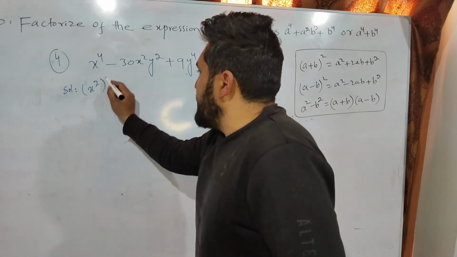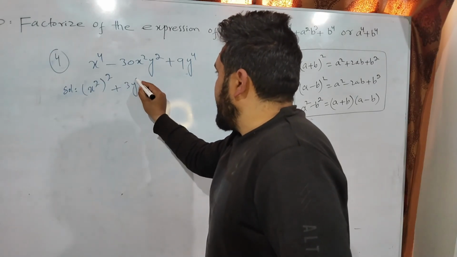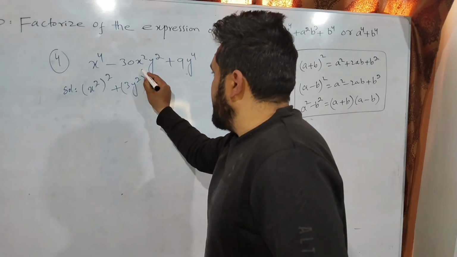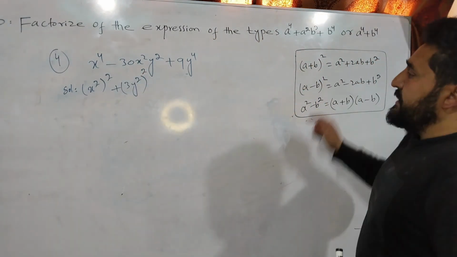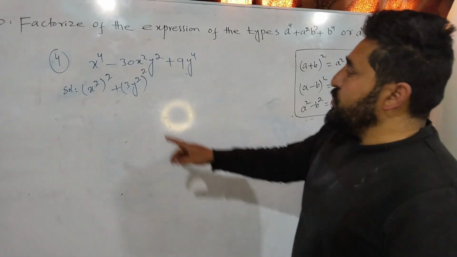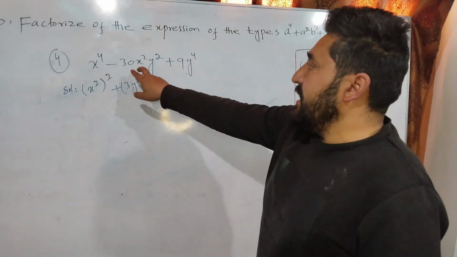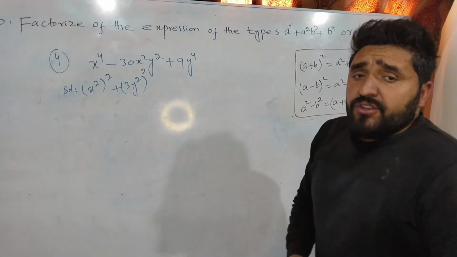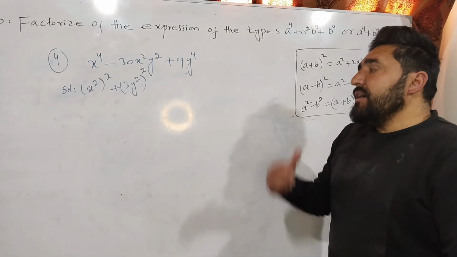This is our square term and this is our square term. Our middle term is this. If we use the formula, 2ab means 2 multiply 3, that is 6x square y square. But unfortunately the middle term is 30x square y square. So we can't use directly the formula.